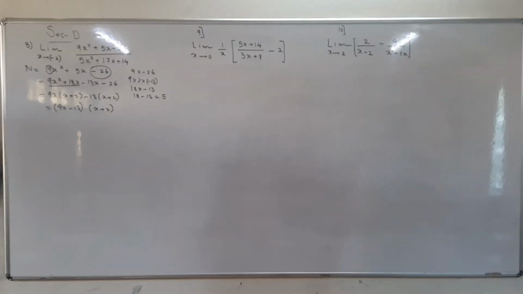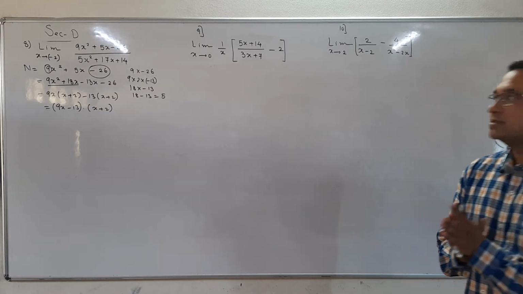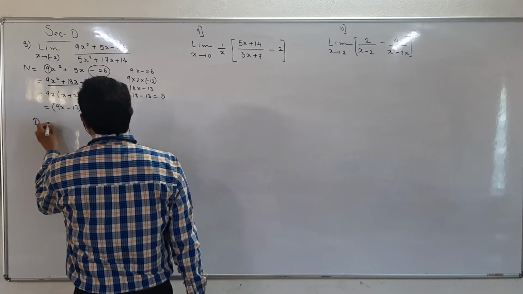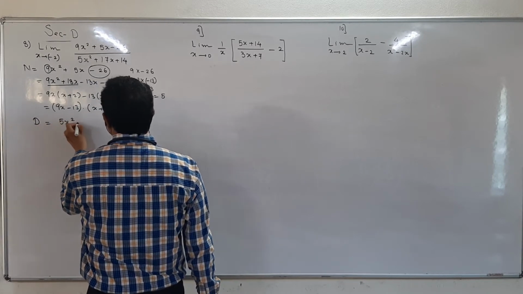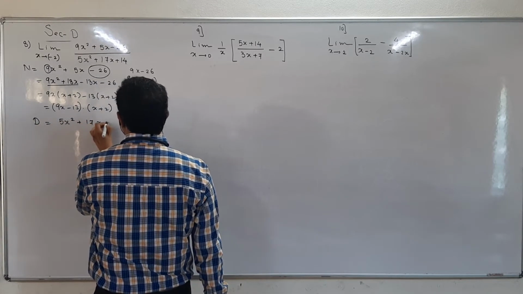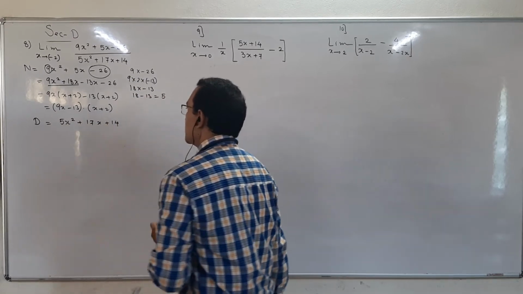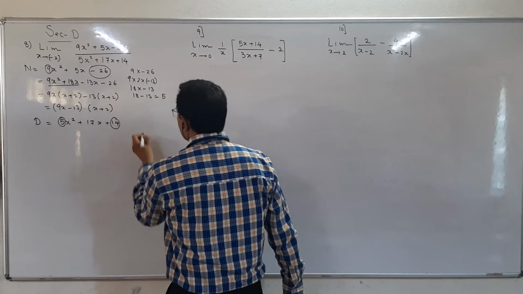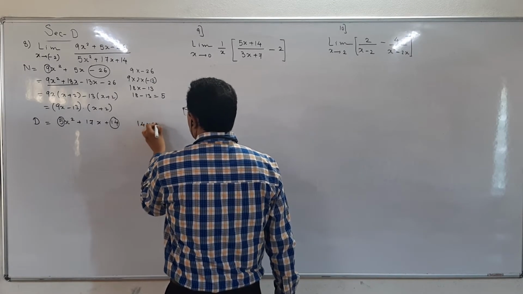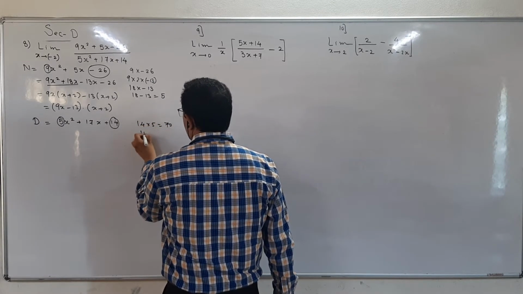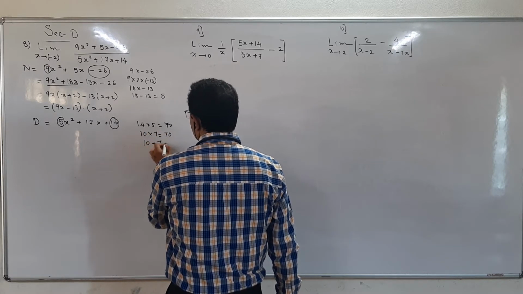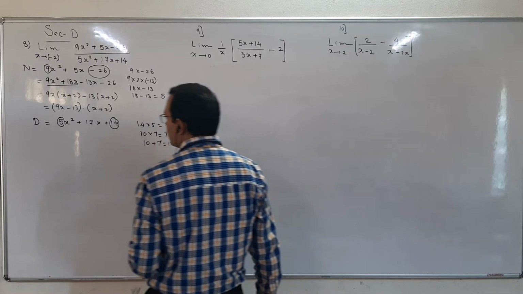Now students, factorizing the denominator. Denominator will be 5x² + 17x + 14. Now 14 5s are 70, and 10 7s are 70, of course. And 10 plus 7 will give us 17.